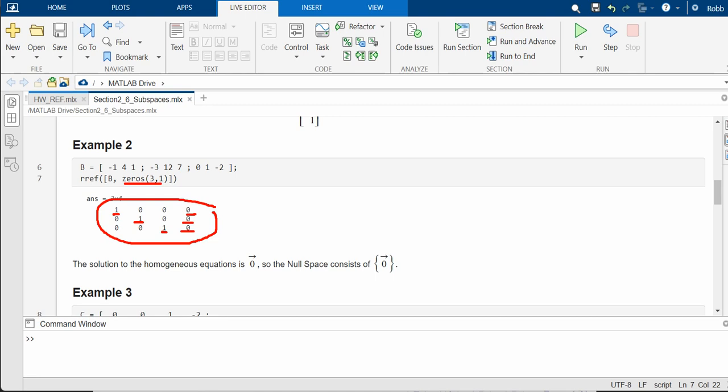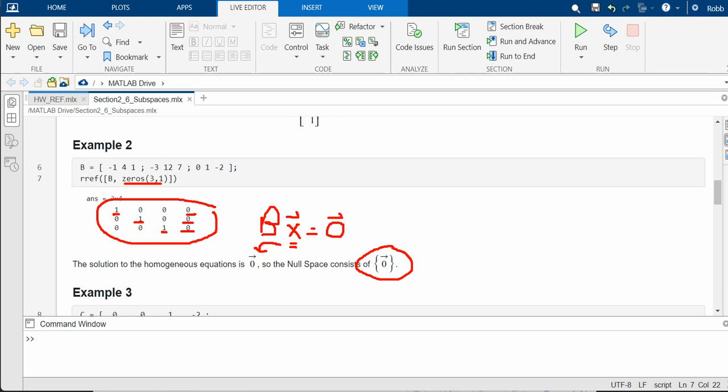But what we found is, if we're solving the homogeneous equations, I'm sorry, this is B. So we have the matrix B times the vector X. Again, we're solving the homogeneous equation. So we're finding the vector X that, when I multiply it by B, is equal to the 0 vector. But it turns out that the solution vector is also equal to the 0 vector. So the null space is just the single vector, the 0 vector, okay?